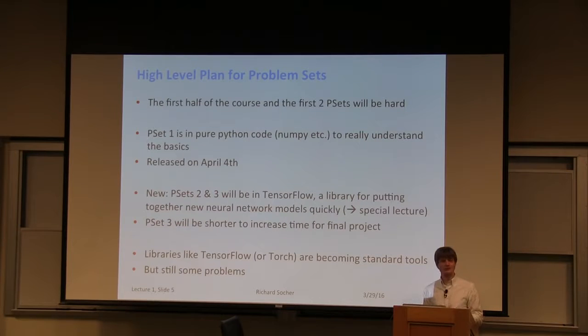No worries if you don't know those yet. These are basically becoming standard tools, and I felt it would be weird to make you do all 3 problem sets from scratch in raw Python. Once you really get up to speed with problem set 2, which will be a pretty major neural network architecture, a very important one, so-called recurrent neural networks, the world of NLP will be your oyster.